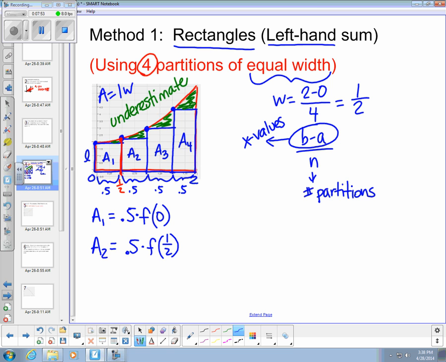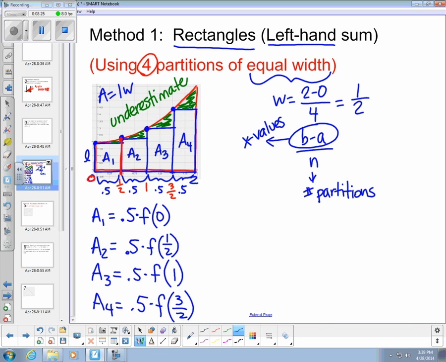Okay, for my third rectangle, my width is still 0.5, but my length this time is going to be my y value when x is 1. And then for my fourth rectangle, I'm going to have 0.5 for my width again, but my length is going to be the y value when x is 1.5 or 3/2.